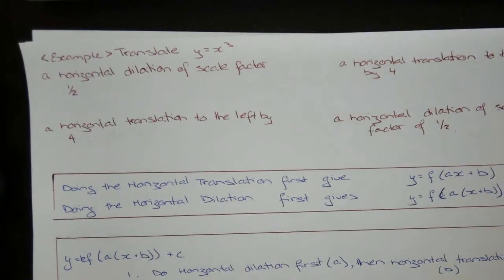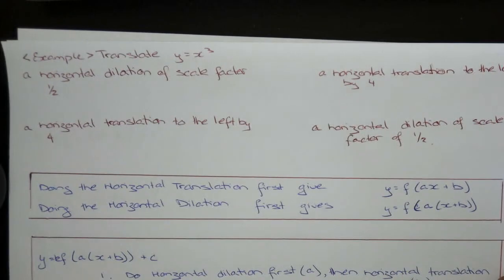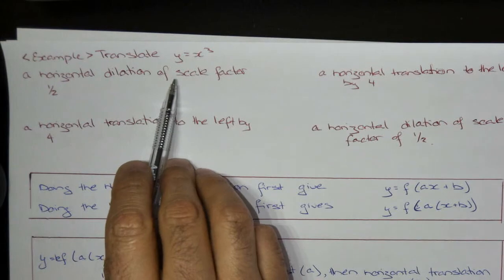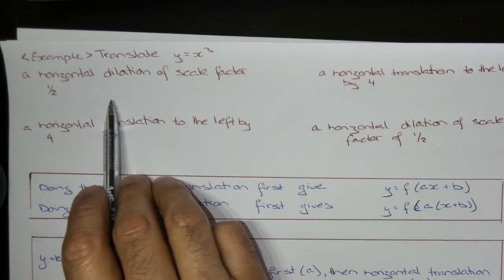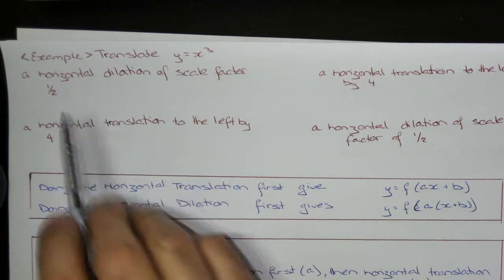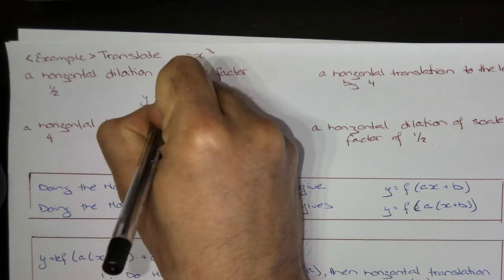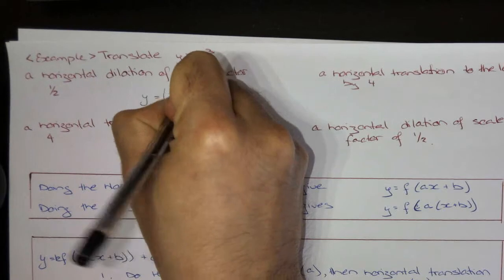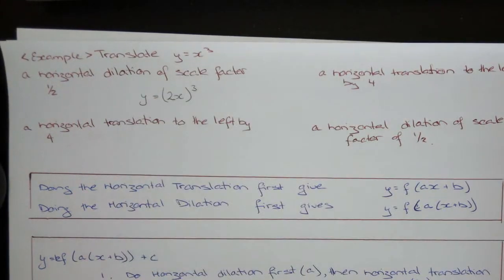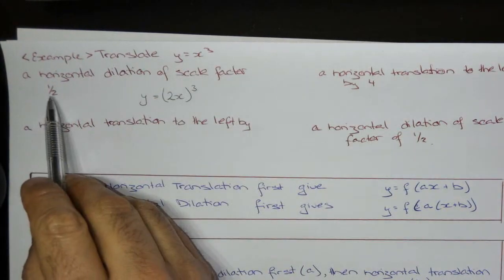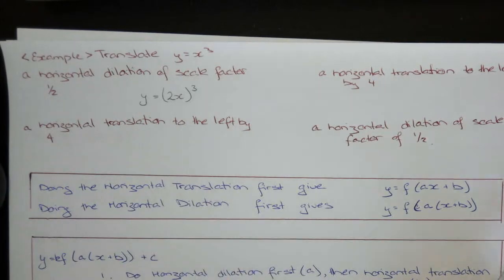Another example. Let's transform y = x cubed with a horizontal dilation of scale factor 1/2. If that's the case, we're going to have y = (2x) cubed, because we take the reciprocal.